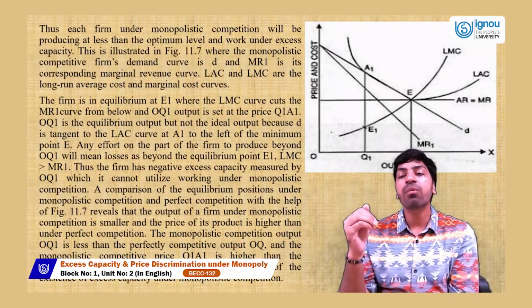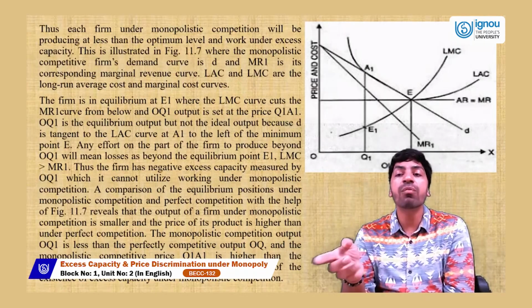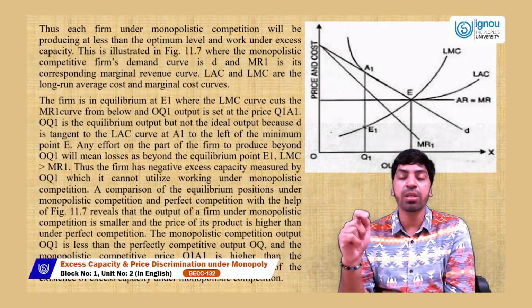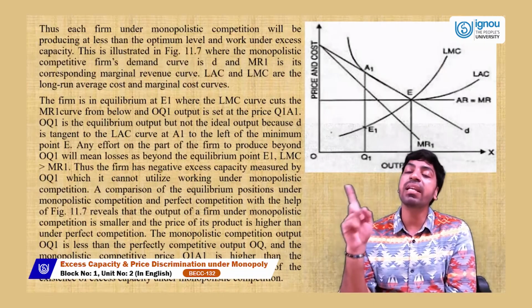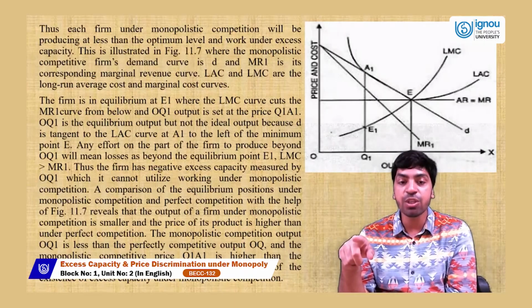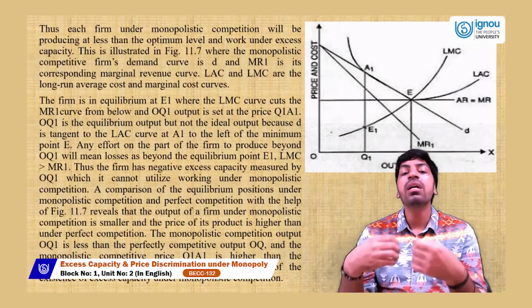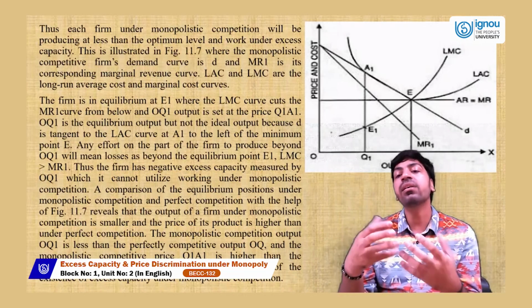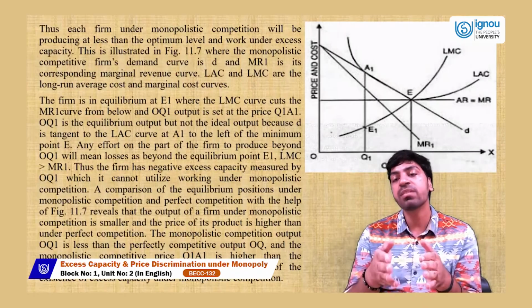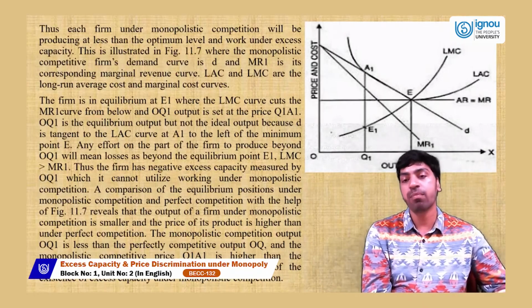Under perfect competition, the firm produces the output at the competitive price which has been desired under perfect competition.